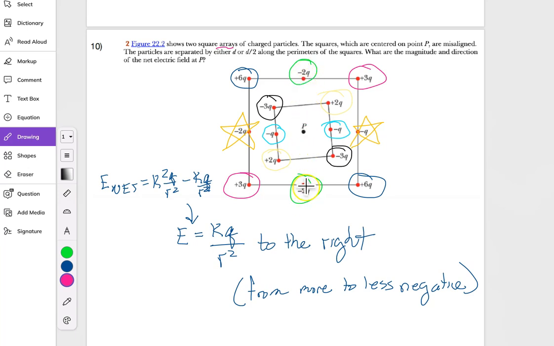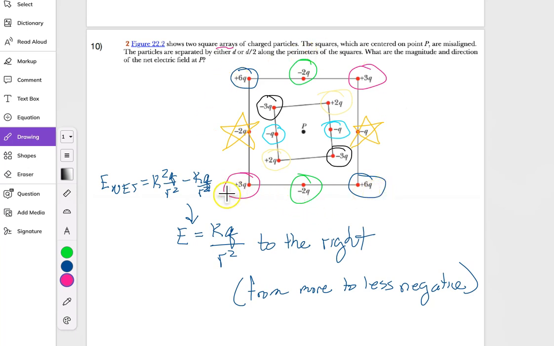Same thing with the negative 2Qs here. Same thing with the negative 3Q and that negative 3Q, this plus 2Q, that plus 2Q, this negative blue Q and this negative blue Q. But we do have a negative 2Q here and a negative Q here, and there's a difference between the two. All the others we can ignore.